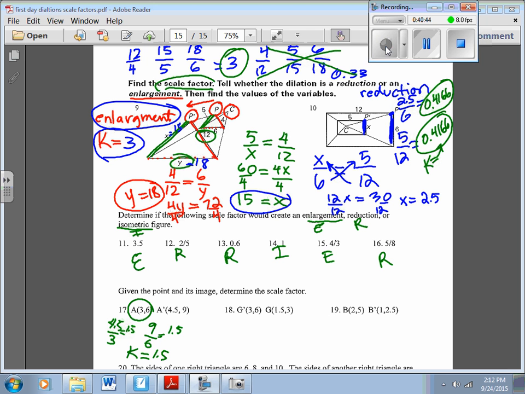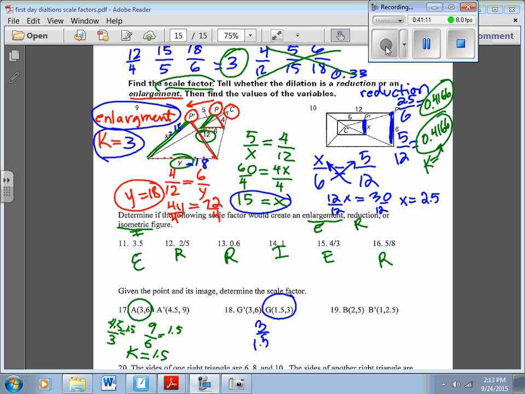For number 18, which one is the original image? Correct. So is it an enlargement or a reduction? It's an enlargement. Notice 1.5 became 3, and 3 became 6. So you're going to write the bigger numbers over the corresponding number that goes underneath it.